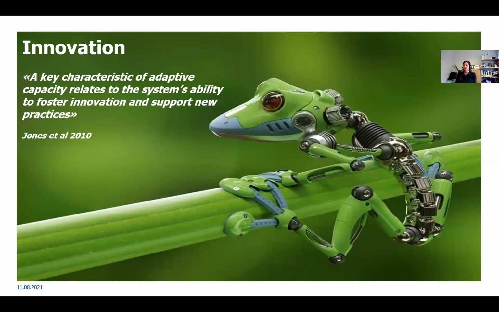We have now established the value of adaptations for resilience. If we take a step further to understand adaptations, Jones et al. have found innovation instrumental for ensuring adaptive capacity, and especially so the system's ability to foster and support innovation. Innovation relies on a full process from ideation to implementation in order to succeed.